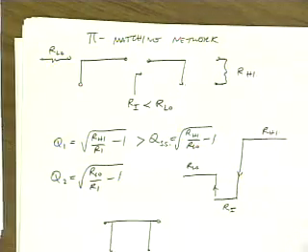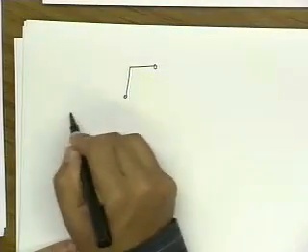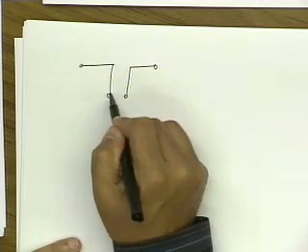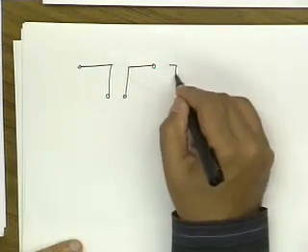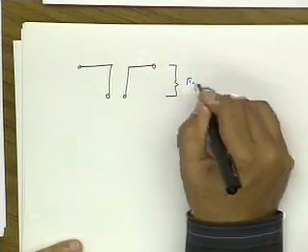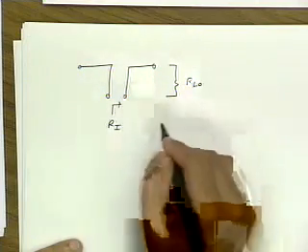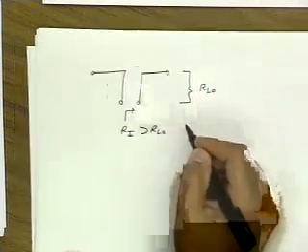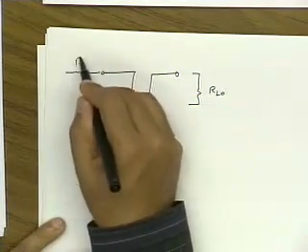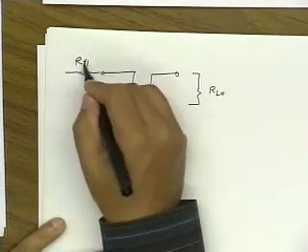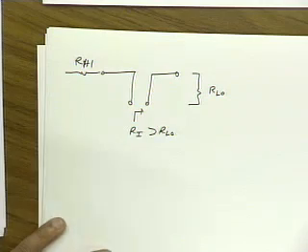Okay. Well, I could also do the other way around. I could have one stage like this and another stage like this. So let's say this is R low. This is R intermediate, which is bigger than R low. And then I go back down to RS, which is R high, back up to RS.